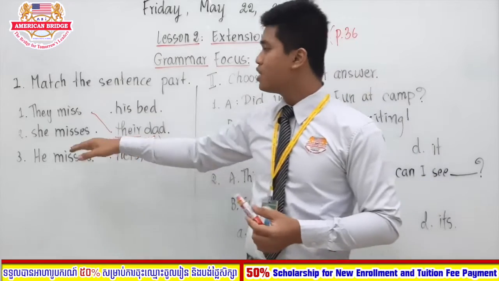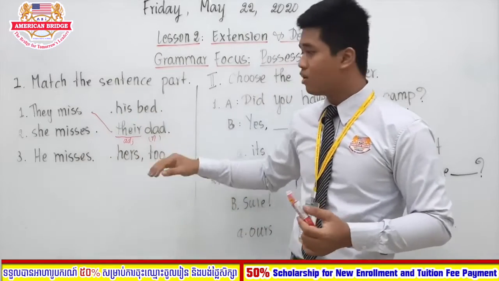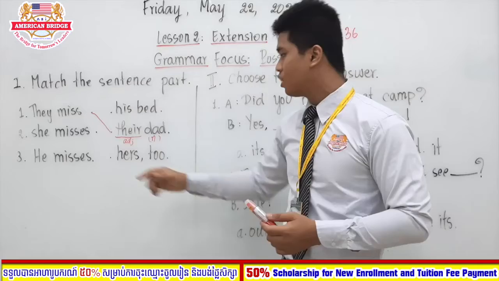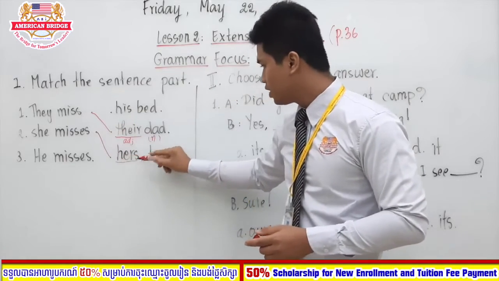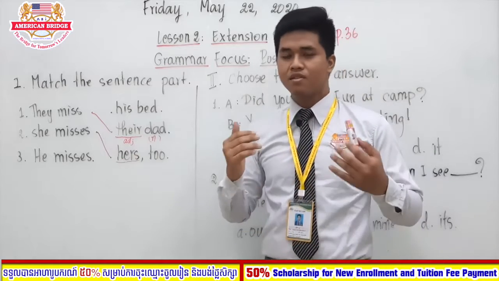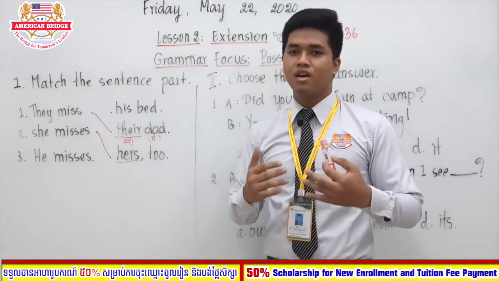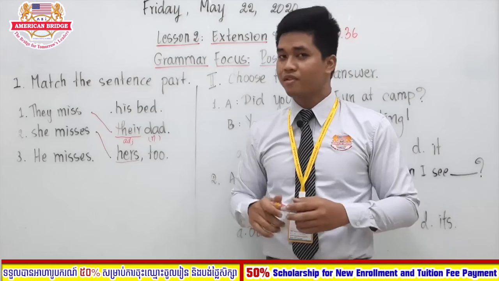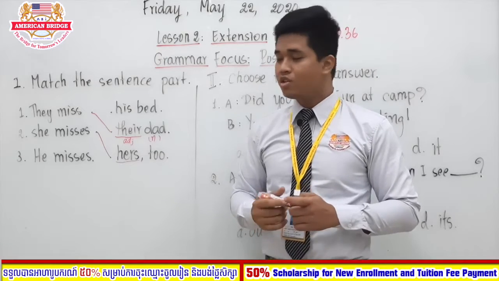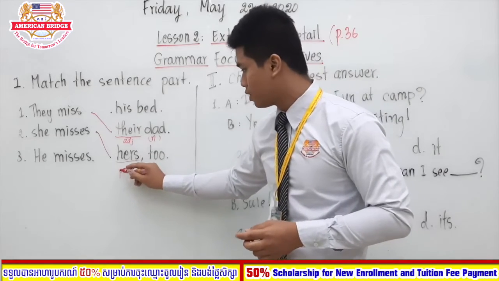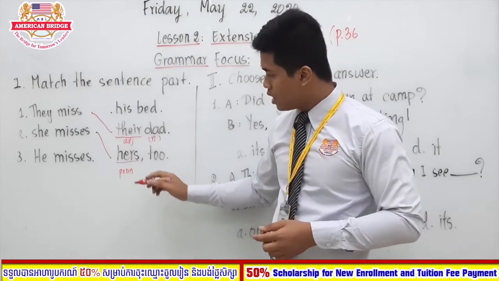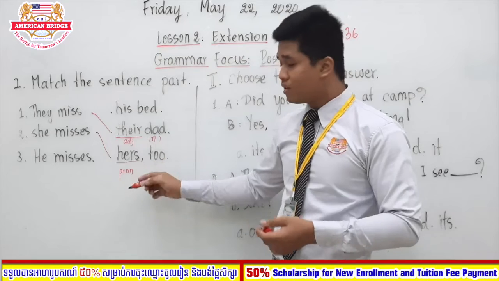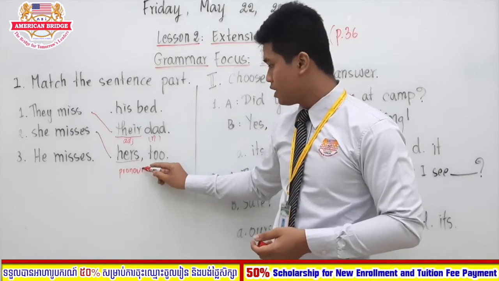Next, she misses his bed. No, she misses hers too. So which means her here? Can you tell me, is hers a subject pronoun, a possessive pronoun, or a possessive adjective? Sure, this one is a pronoun. Why do we call it a pronoun? Because there is no noun here.